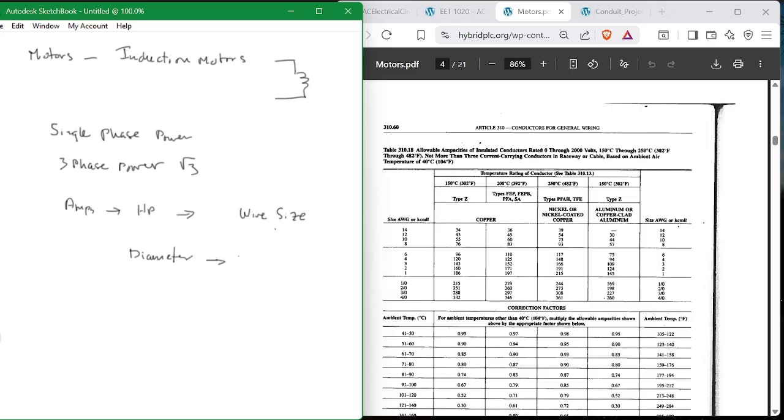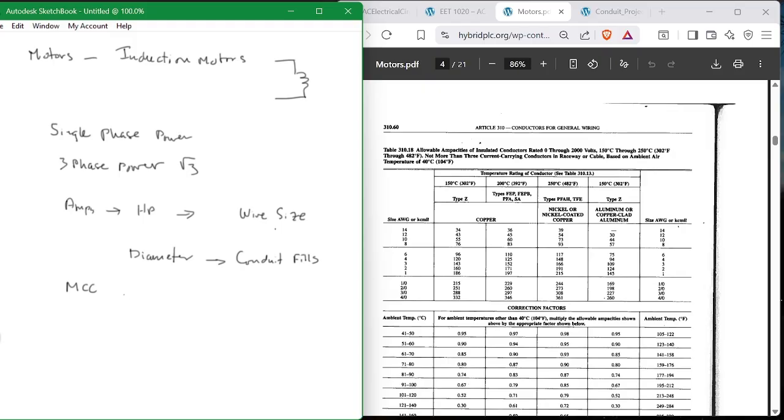And from that, you can do conduit fills. So you can determine how many wires and how full you can fill conduits, bringing them back from various locations back to a centralized location where you're going to have a motor control center, what they call an MCC.